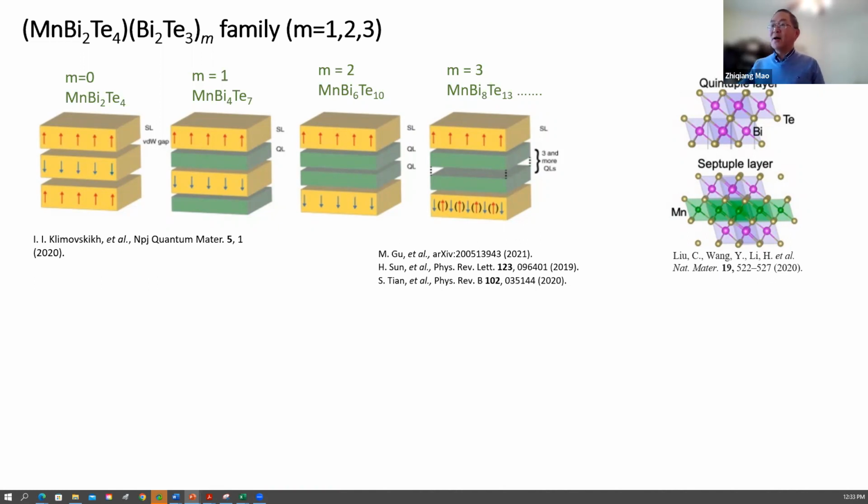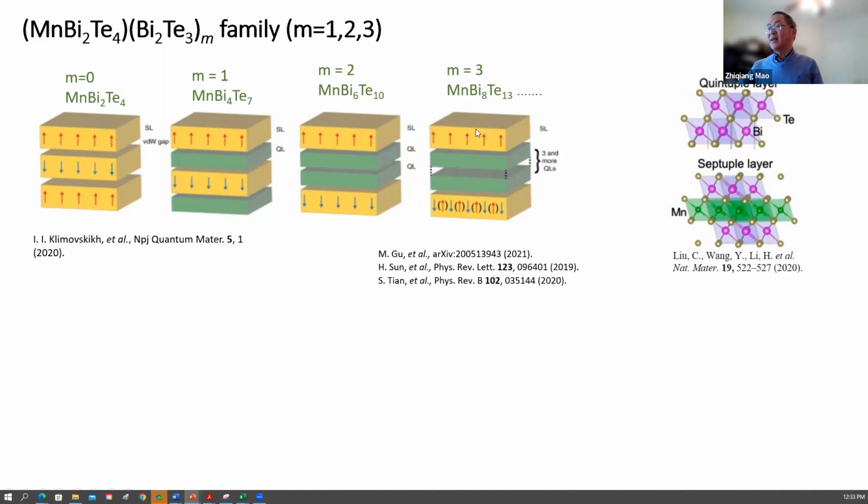If we intercalate only a single quintuple layer, it forms the 147 phase. If a bilayer of quintuple layers is intercalated, it's the 1610.